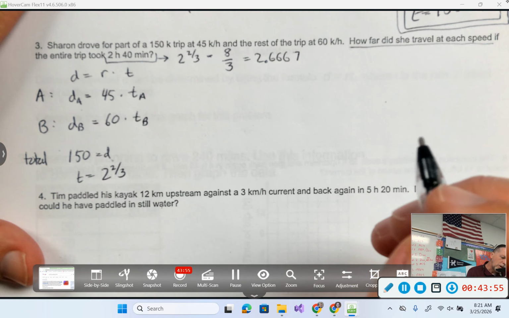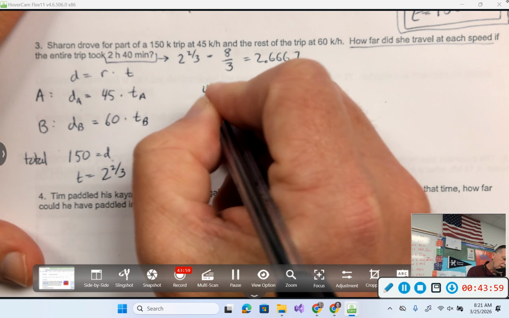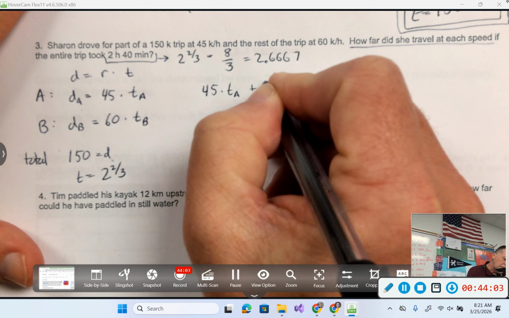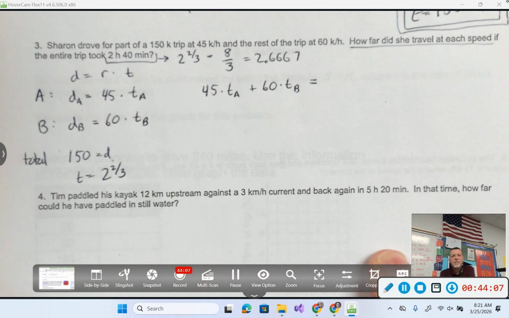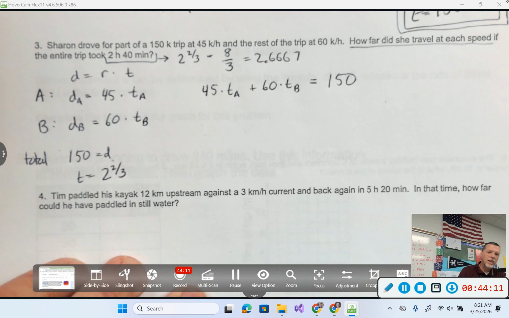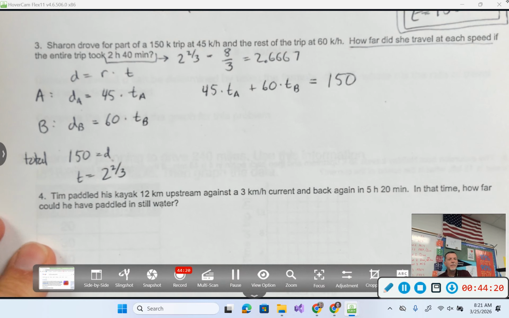This is two equations and two unknowns. 45 times time A plus 60 times time B. That would be my total distance. That equals 150. That's good, I guess, but I have one equation and two unknowns, so that's not going to get me there yet.